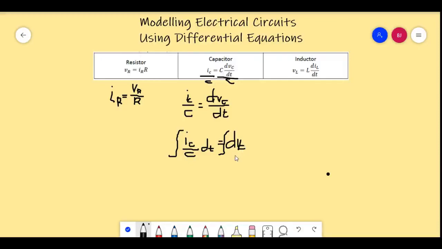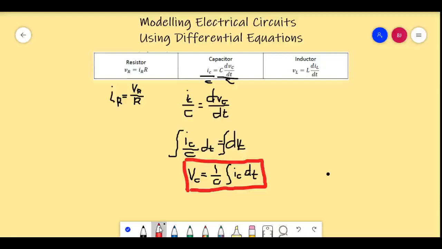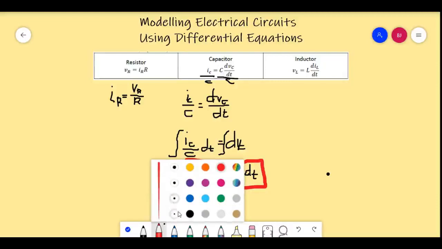Integrating it would cancel out the derivative here. So finally our VC, or voltage inside the capacitor, we take out 1 over C as this is a constant. So 1 over C integral of IC dt. So this would be our voltage equation.